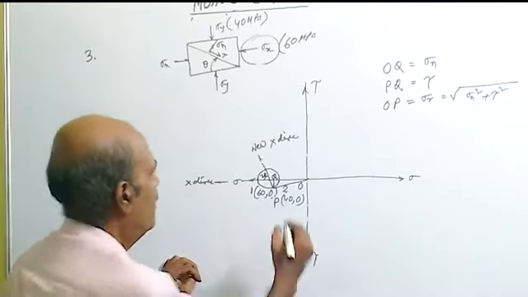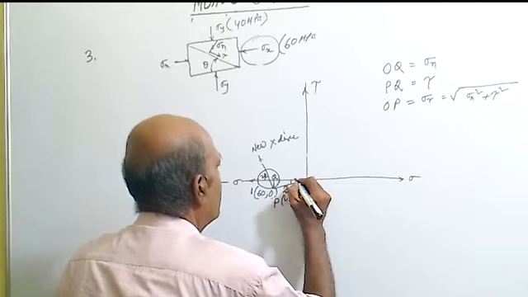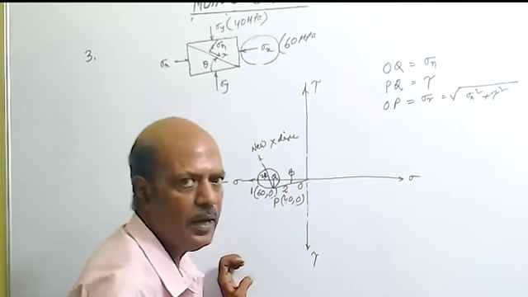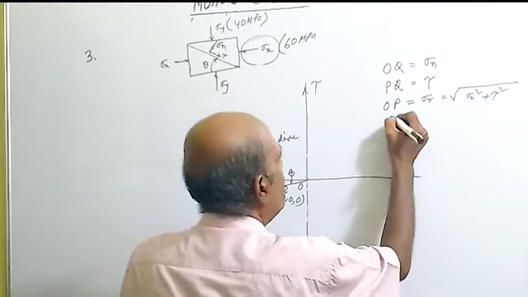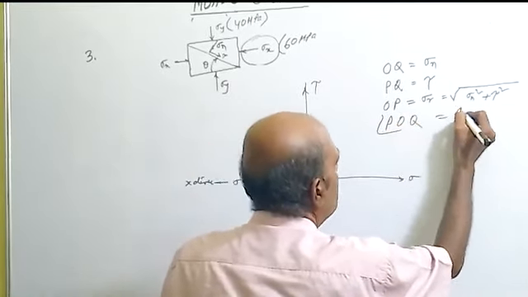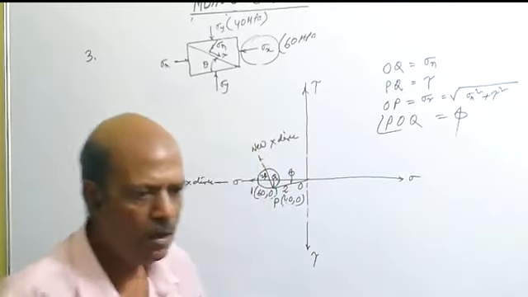And measure this angle, which we mark by phi, that is the POQ angle. That angle is phi, the angle of obliquity.